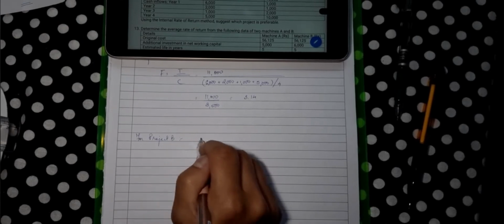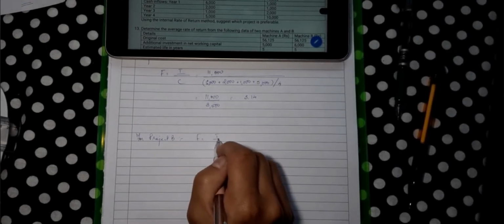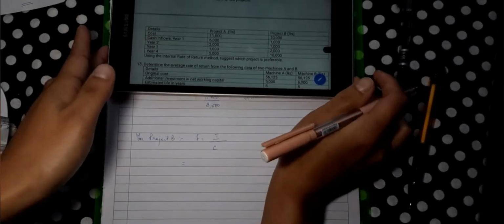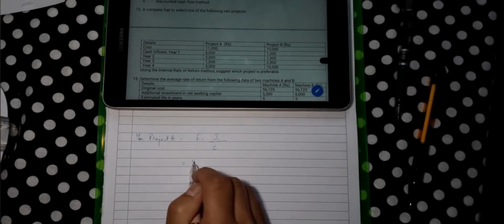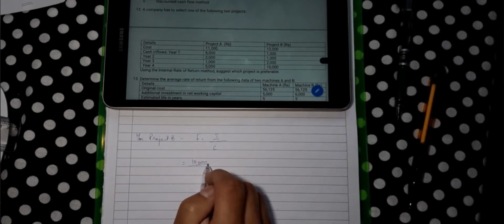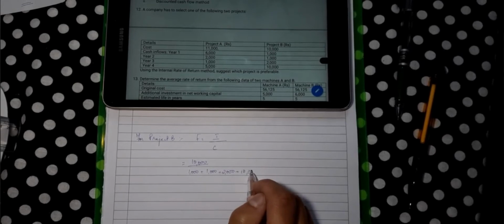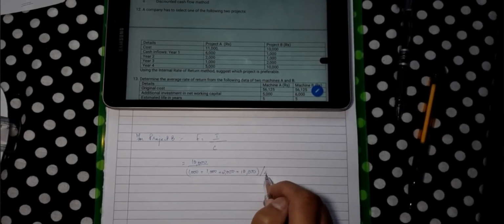First, let me calculate the factor for the second project. For project B, factor is equal to initial cost divided by average cash inflows. Initial cost is rupees 10,000, divided by average cash inflows, which is 1,000 plus 1,000 plus 2,000 plus 10,000, again divided by 4.